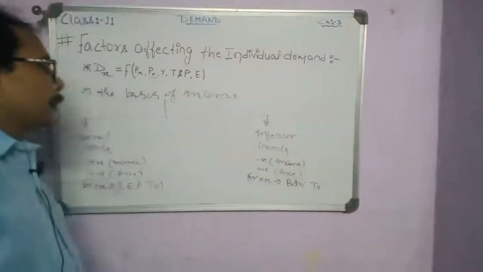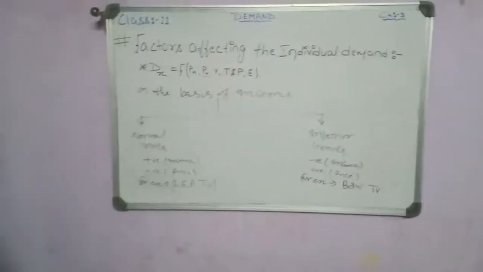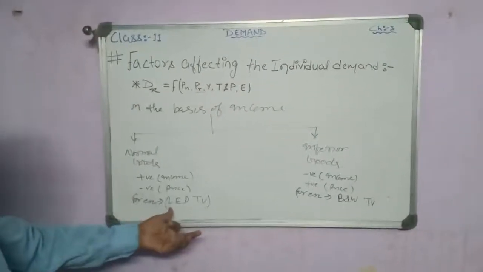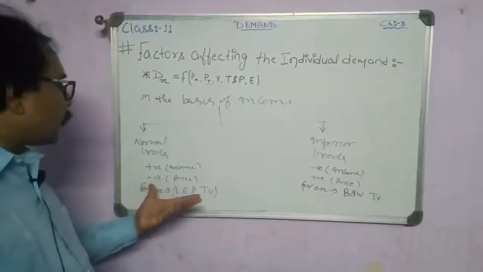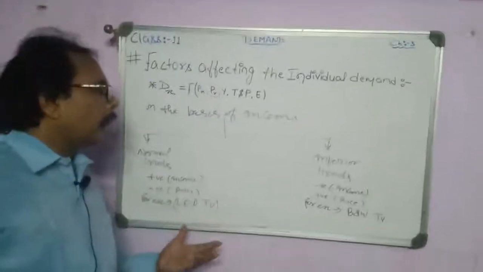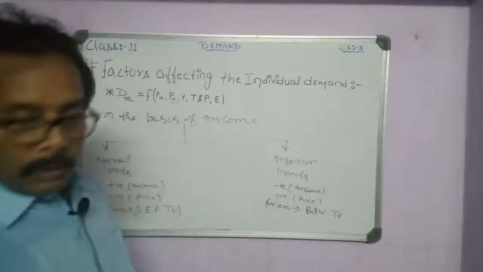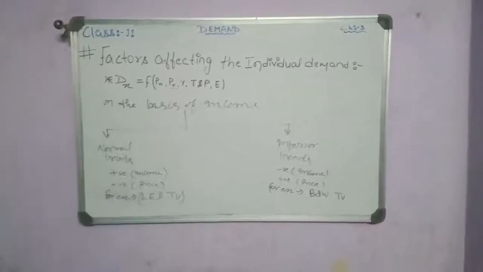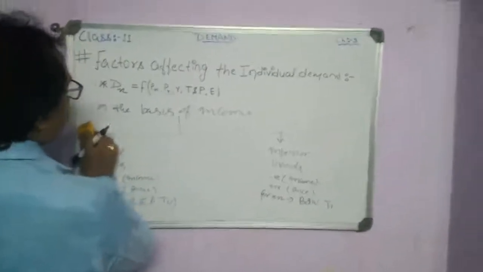Okay, so here we find that as the income of the people increases, the people move towards those goods which are comfortable and luxurious, and if the price increases, the people are ready to leave those goods. So in this way, with the help of a diagram, we can explain this theory.